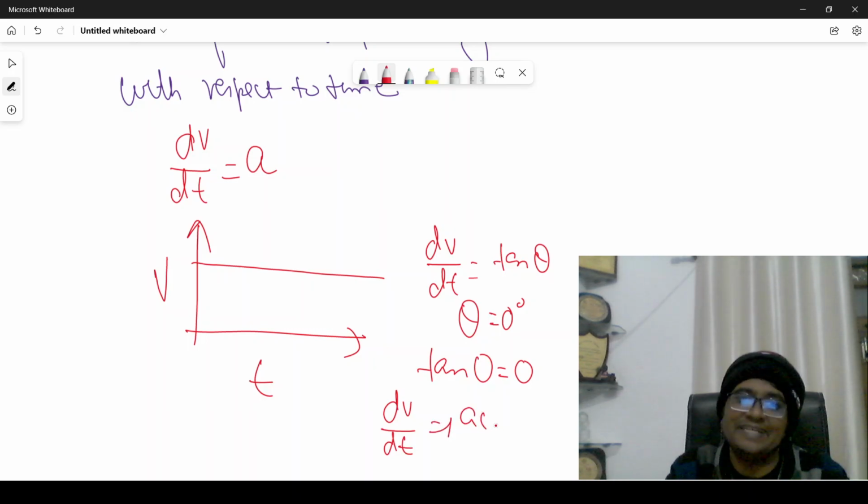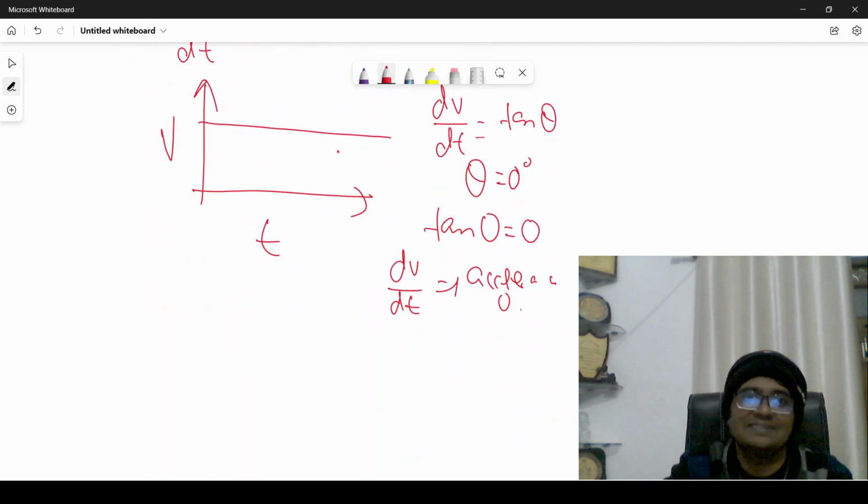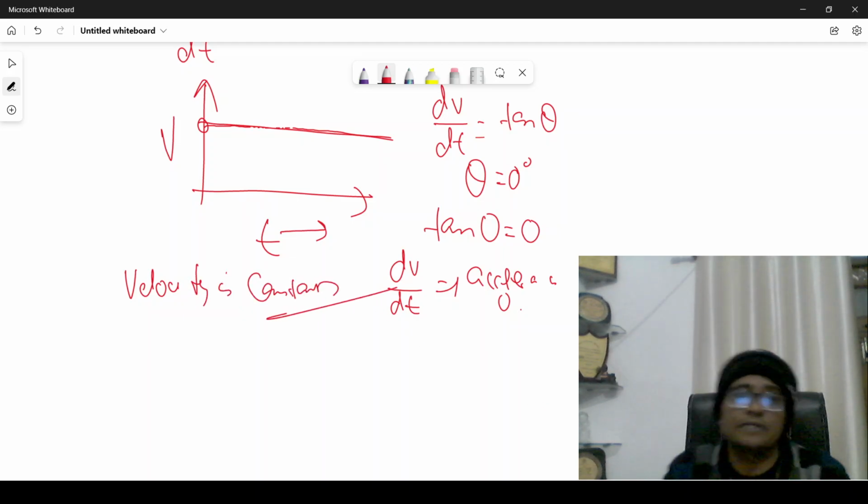Acceleration is 0, right? Velocity is constant. Perfect. It's very obvious. You can see from here that as time increases, the velocity value will always be constant for all the time. So here we can say that velocity is constant.